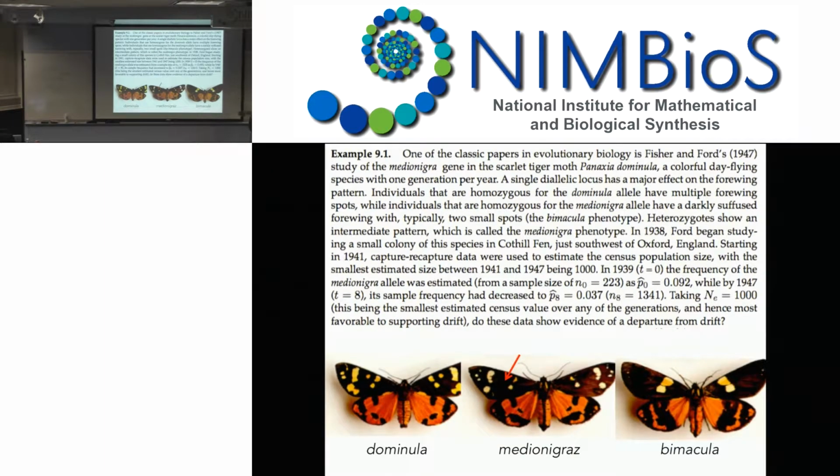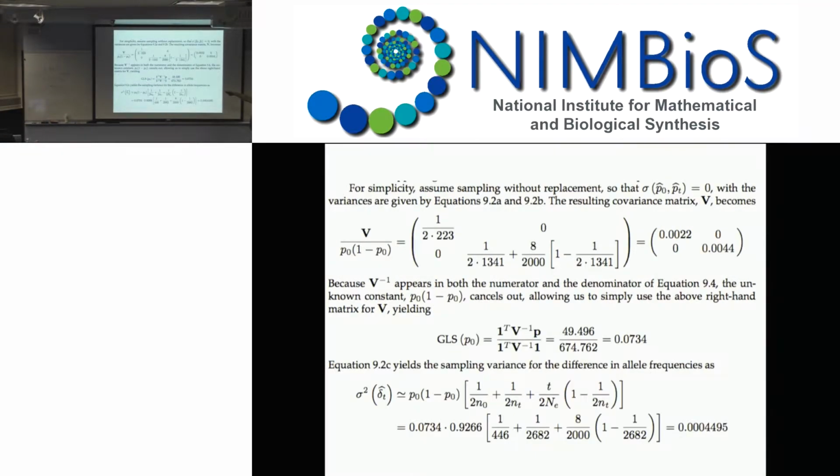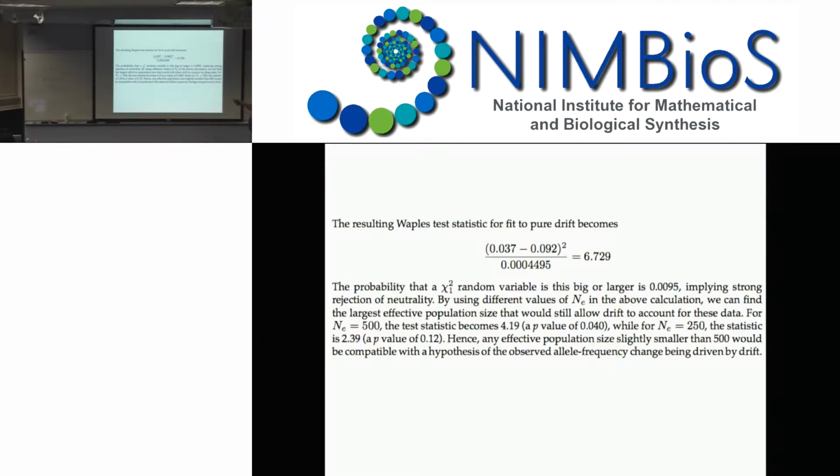There's the sample sizes and effective population sizes. There's that covariance structure. You can then estimate that. So here is your best estimate of the initial frequency of that allele. It's 7%. You can then compute the sampling variance by plugging it in, and getting that is your variance of that squared difference, and you compute the test statistic, and there it is.